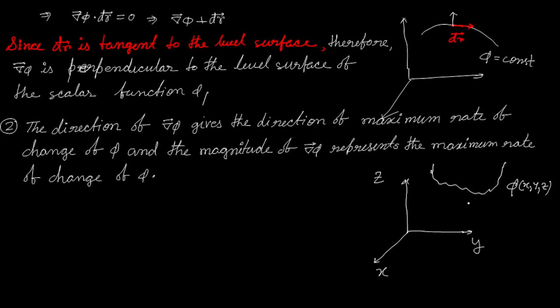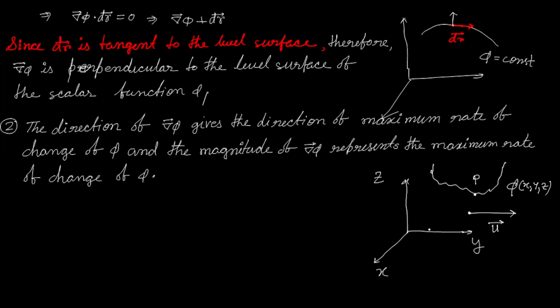Now I am considering a point on this curve of the scalar function. Let's say the point is P, and I am also considering an arbitrary direction, let's say in this direction, and this direction we can represent as a u vector.